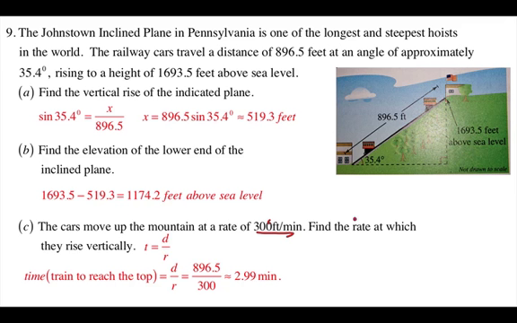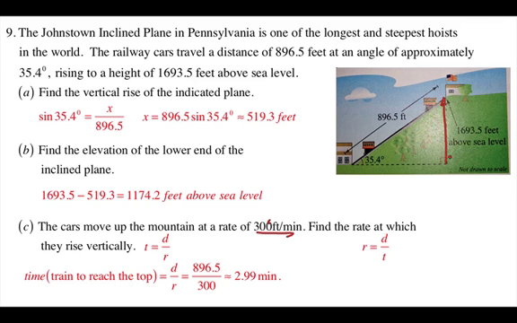Now, this is not what I'm looking for. I'm still looking for the rate at which this train rises vertically. So I'm looking for the rate going from here to here, not traveling along this path. So this is what I need to do. I know that rate is equal to distance over time.